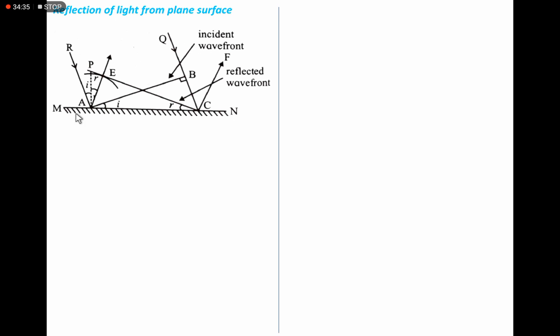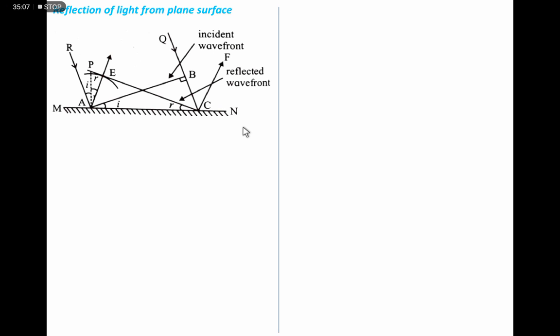Diagram: the plane reflecting surface is MN, and a plane wavefront AB is obliquely incident on the reflecting surface MN. This is the diagram. I repeat, plane wavefront AB is obliquely incident on the plane reflecting surface MN.